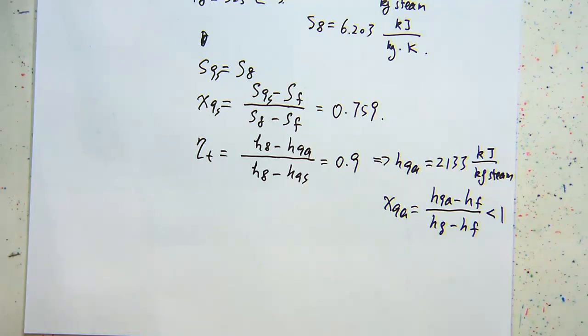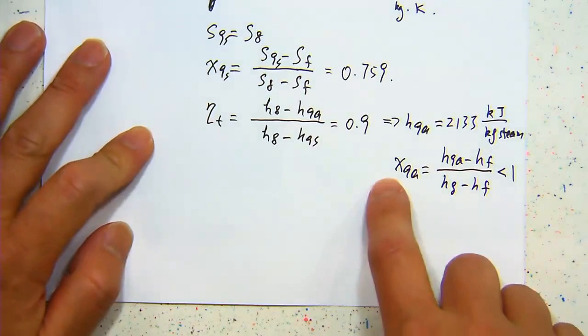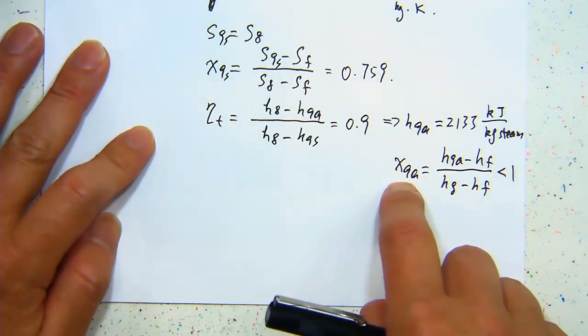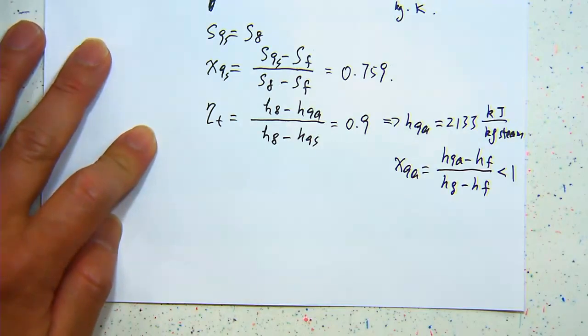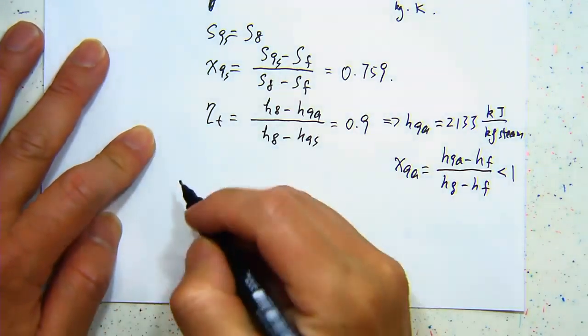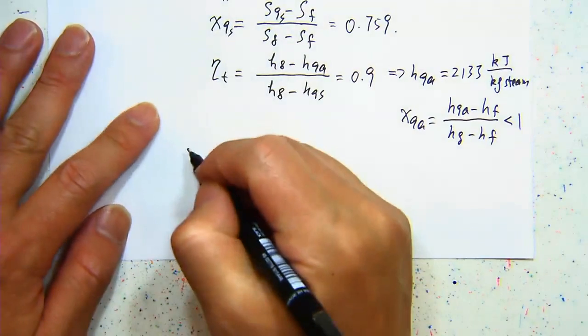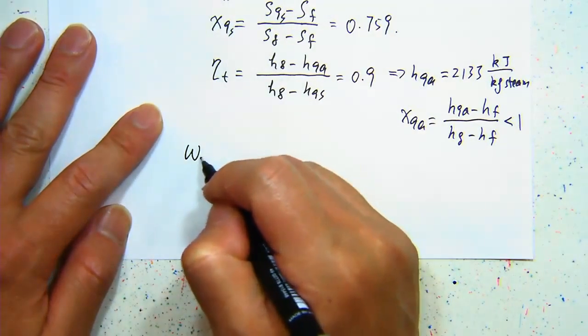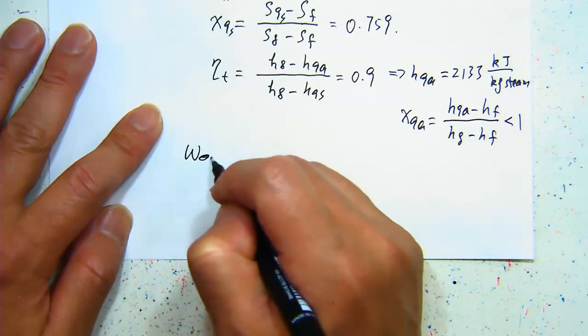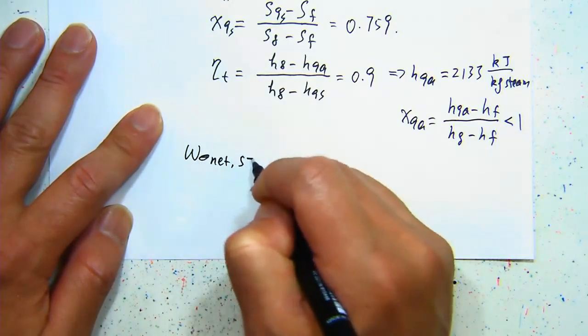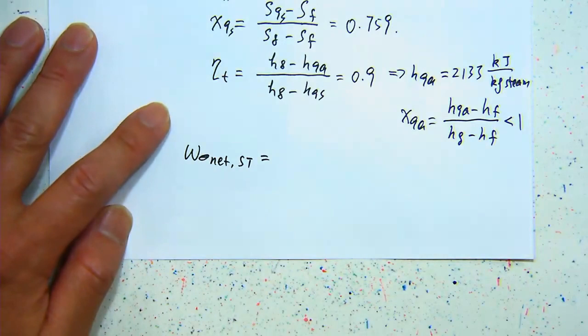All right. So what we really need is the enthalpy difference so that we can determine the turbine work. The net work of the steam turbine is the turbine work minus the pumping work.